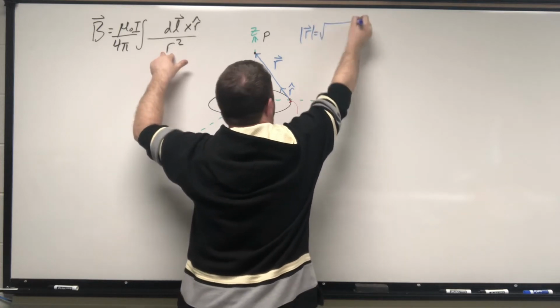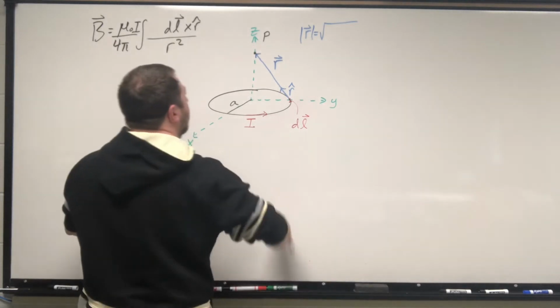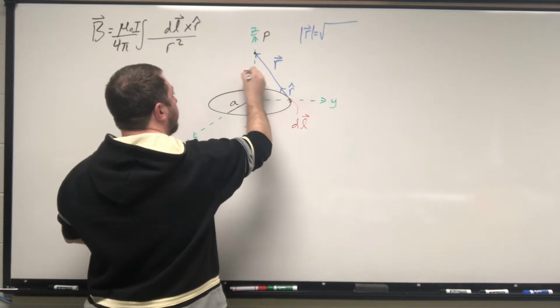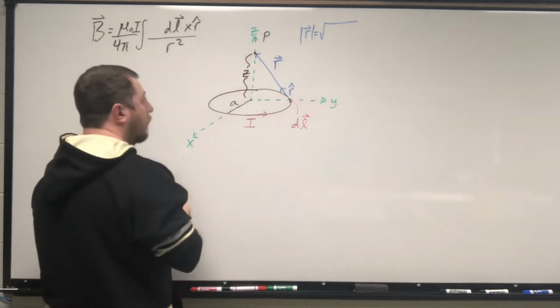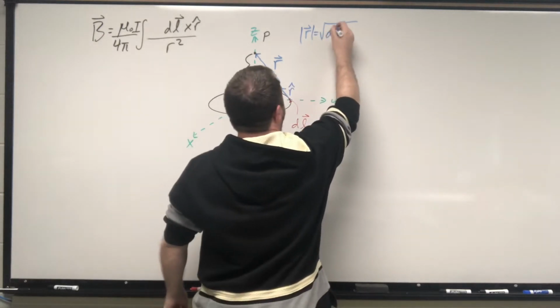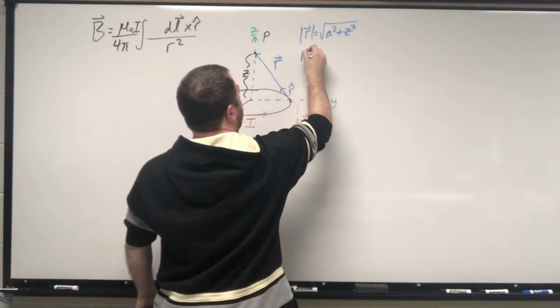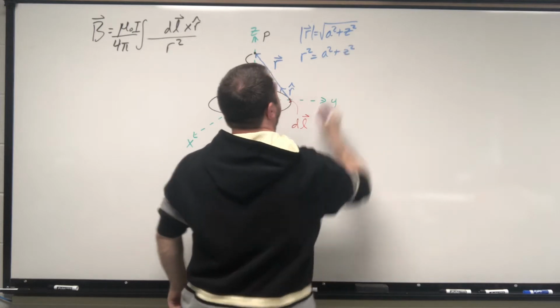If I define my point P to be a distance z above the xy plane, then the magnitude is going to be the square root of a squared plus z squared, and therefore r squared is going to equal a squared plus z squared, okay?